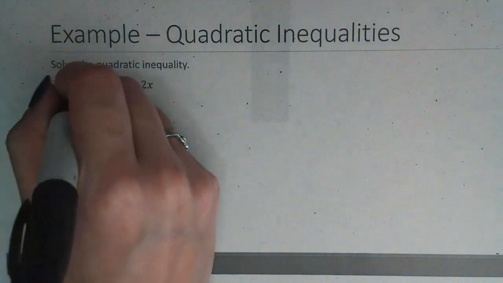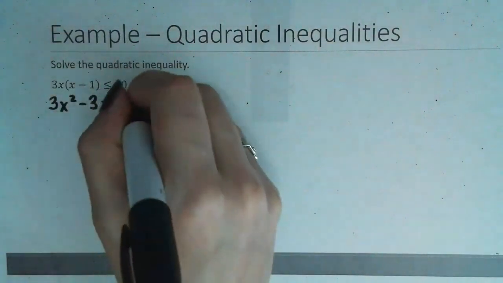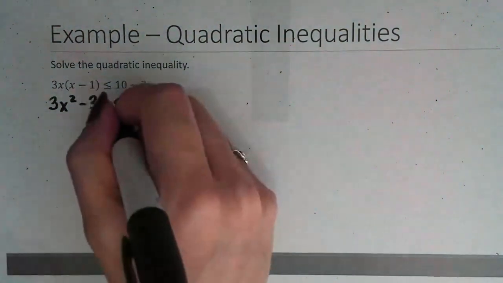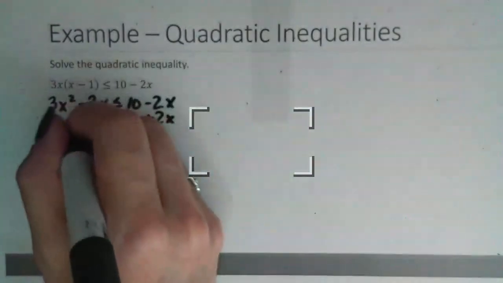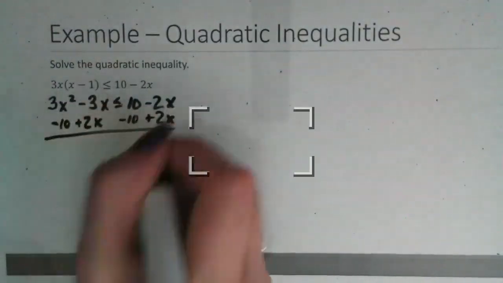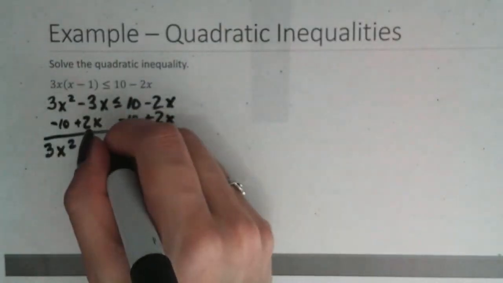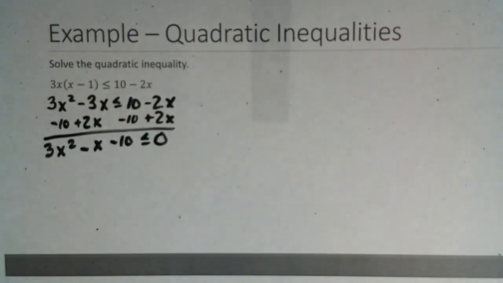So we'll have a 3x squared minus 3x is less than or equal to 10 minus 2x. Then I can subtract my 10 and add my 2x. So minus 10 plus 2x, that'll give me a 3x squared minus x minus 10 is less than or equal to 0.